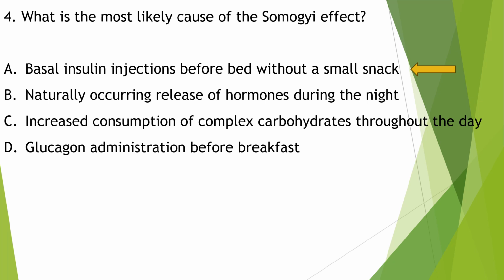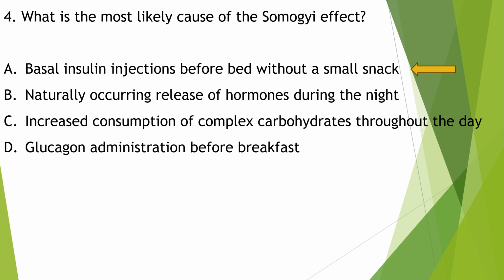The increased blood glucose levels of the dawn phenomenon result from the naturally occurring release of hormones such as glucagon, cortisol and growth hormone in the early morning. Because the body does not have sufficient insulin to control this glucose surge, blood glucose level rises.